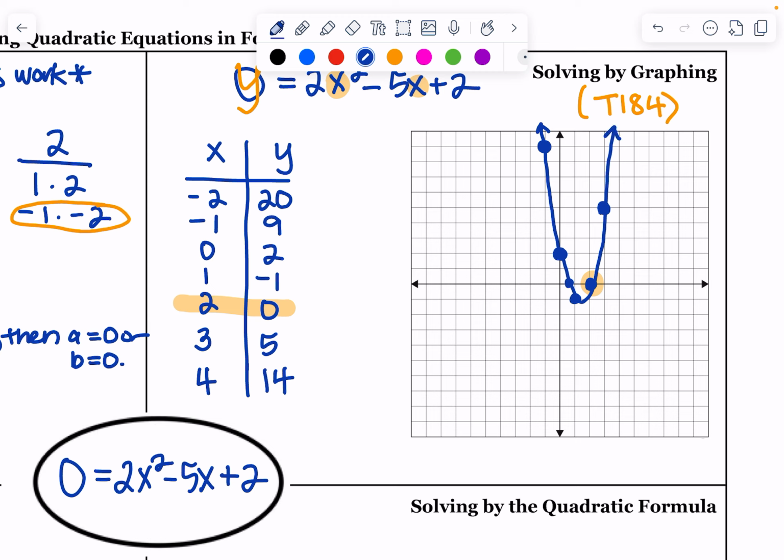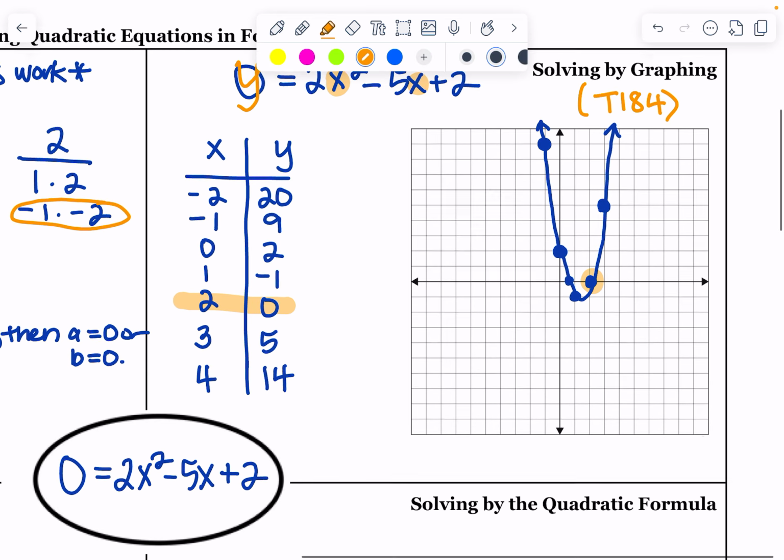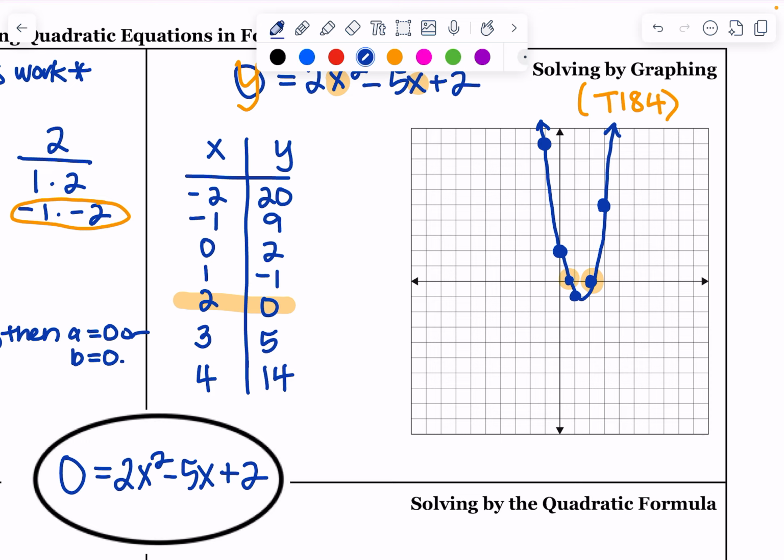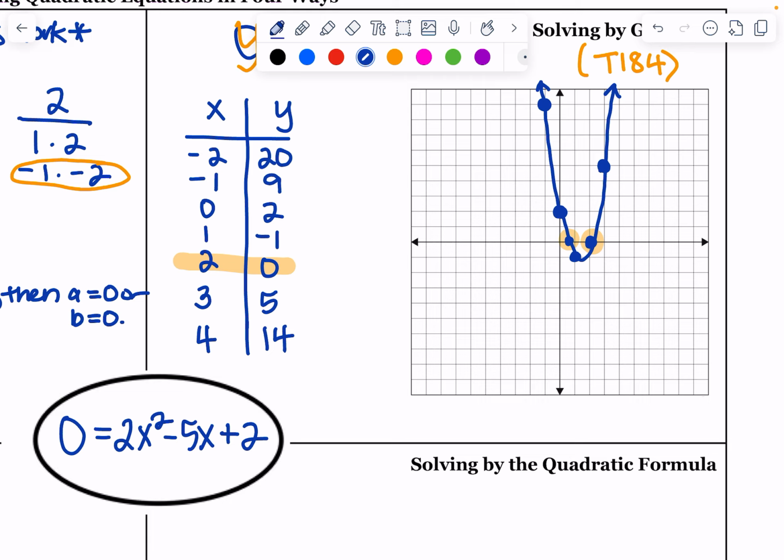So graphing is probably not the easiest method really ever, but for sure not on this equation, because from the table we couldn't see that 1/2. But now that we knew that from factoring, we could use our TI-84 calculator. We could plug a 1/2 into our equation on our table and we would get a 0 here.